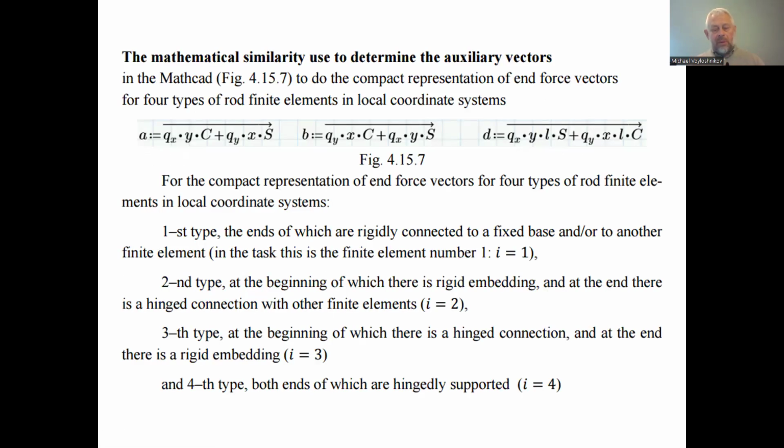Next, to set all the vectors of end forces in the local coordinate system of the finite element for the force types, we first have to select and vectorize.